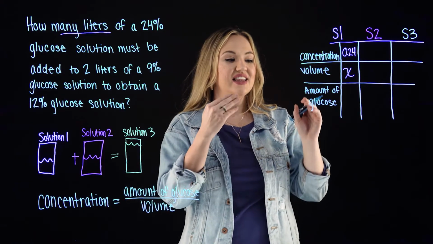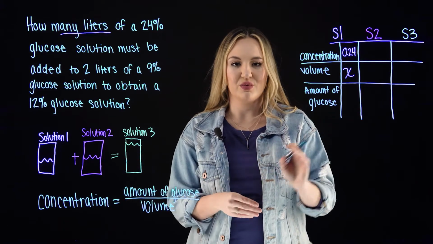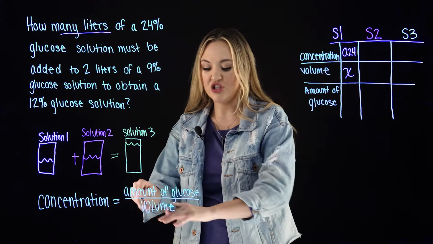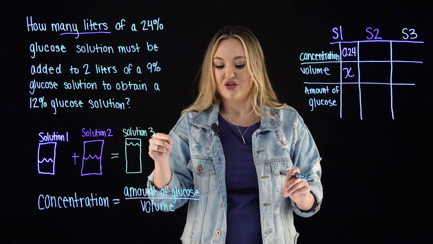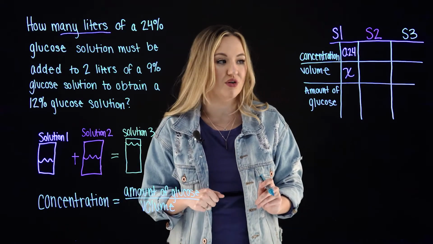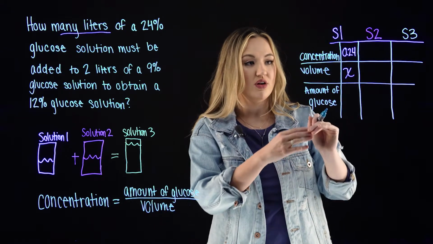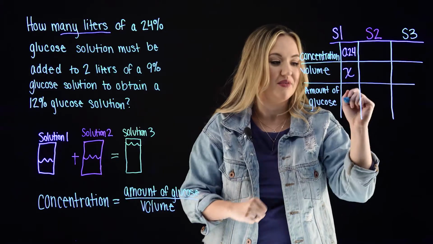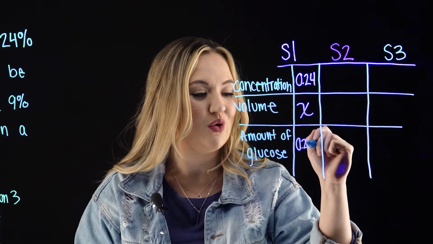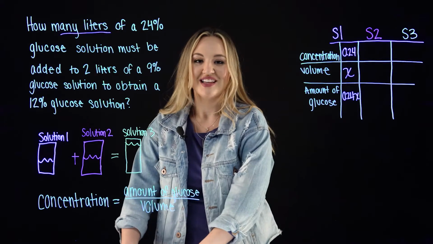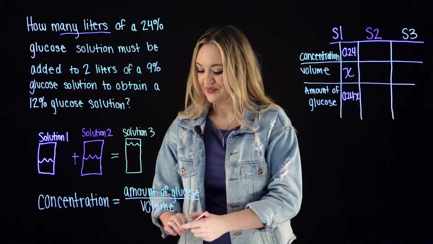And then finally, the amount of glucose for solution 1. This is where this equation comes in handy. If you rearrange, you see that the amount of glucose is equal to the concentration times the volume. So we multiply the concentration times the volume to get the amount of glucose: 0.24 times x.